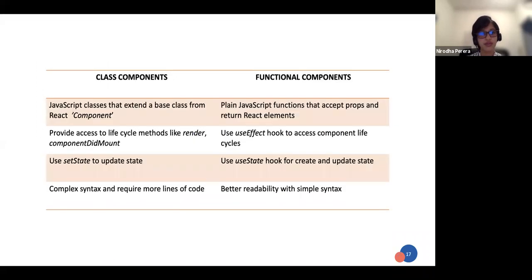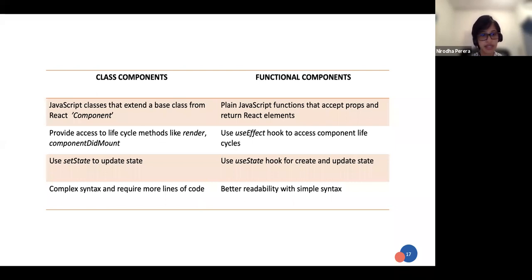So now what I want to do is give a bit of comparison between class and functional components. A class component is a basic JavaScript class, which extends the base class from React, which is called Component. In class components, you have access to lifecycle methods. These are the methods I previously mentioned.